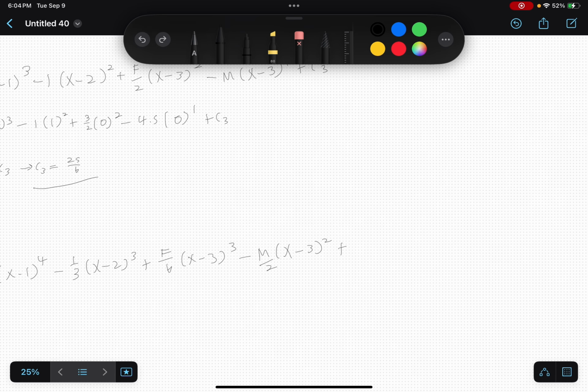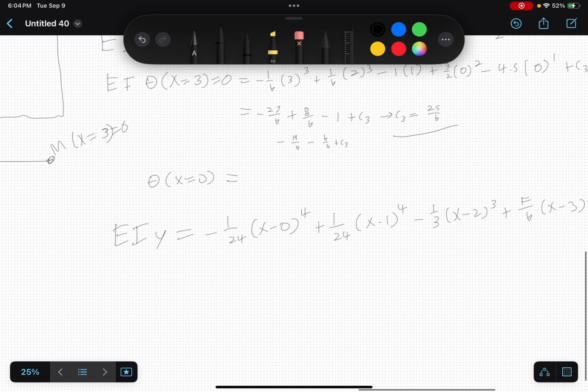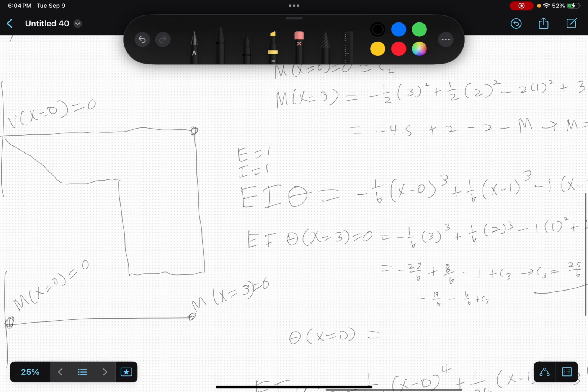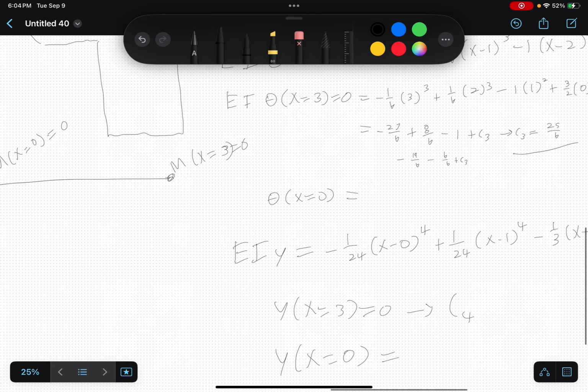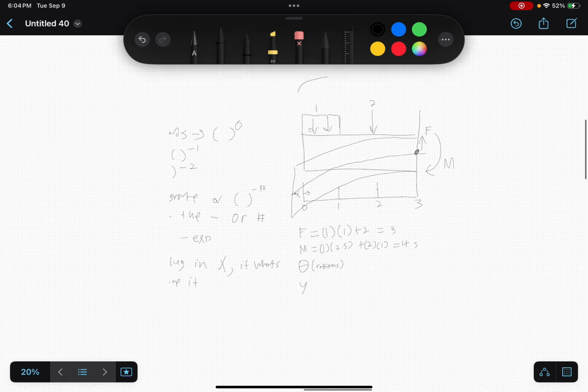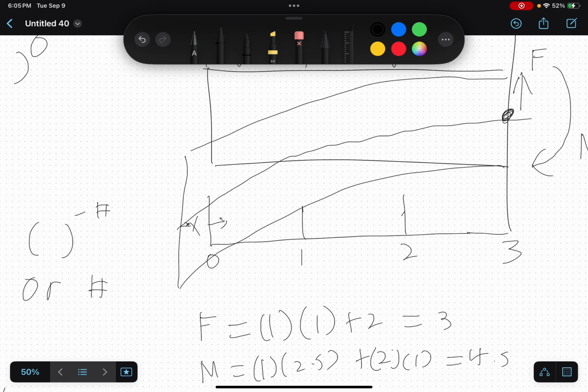It would be plus C3, which is 25/6 plus C4. And then we would use y at x equals 3 equals 0 to solve for C4. And then we could solve for the deflection at x equals 0, the deflection on the left-hand side. Because on the right-hand side, it's connected to a wall. There's no deflection on the right-hand side. But on the left-hand side, there would be a deflection because it's objectively lower than the center line.